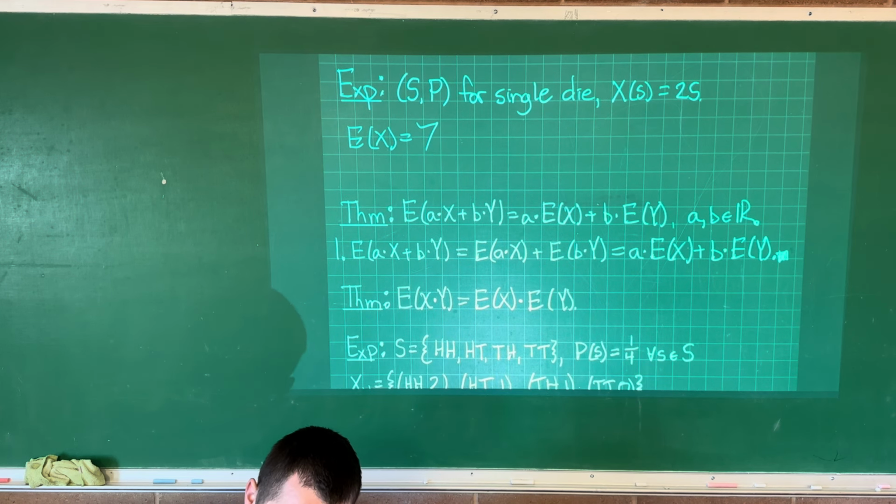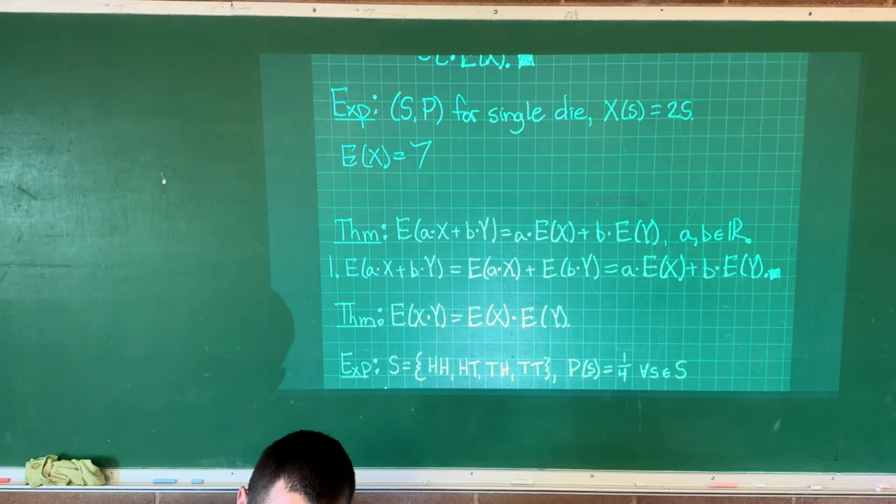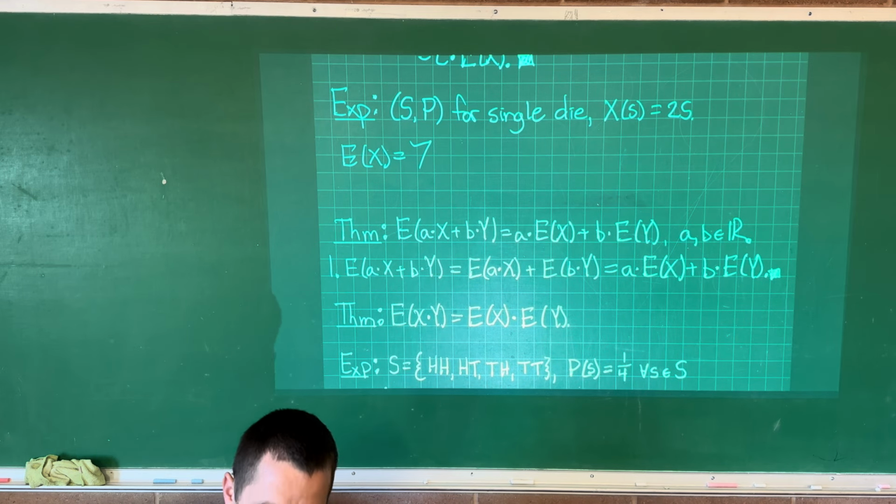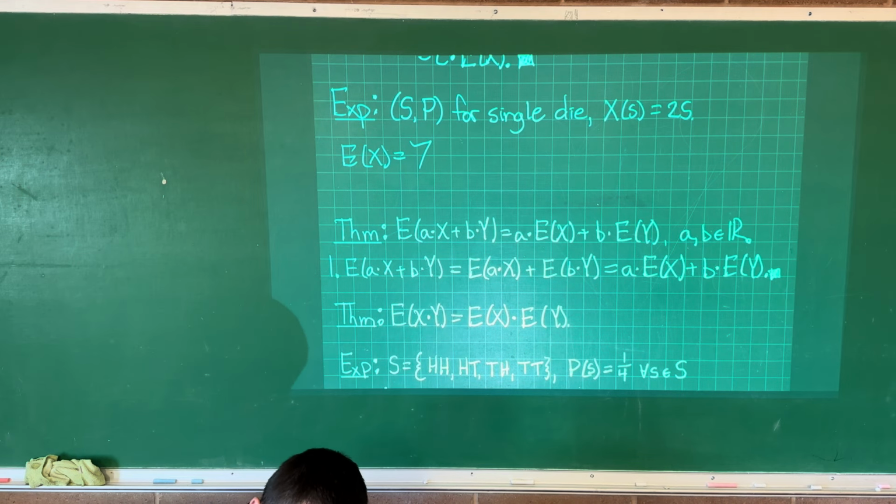Okay, and then our final theorem, which just combines the 2 previous theorems. So the expected value of some constant a, just some real number, times X, a function, plus b, a real number, times Y, a function, added together is going to be a function. So once again, still just plugging in a function. This is equal to a times the expected value of X plus b times the expected value of Y, where a and b are real numbers. This is just using our previous 2 proofs.